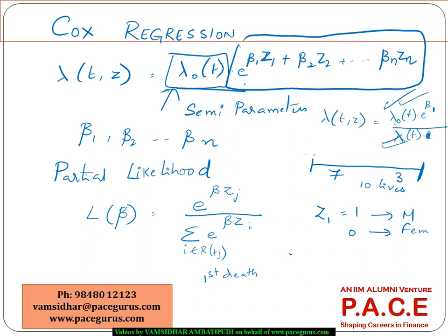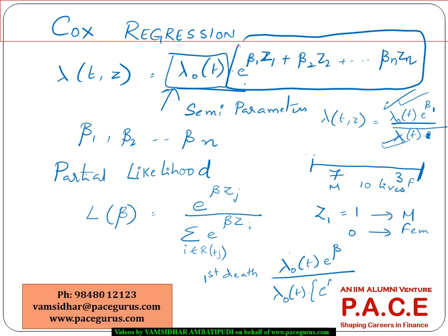What I will take is the male's function: lambda naught of t e power beta, divided by the total of all of these.